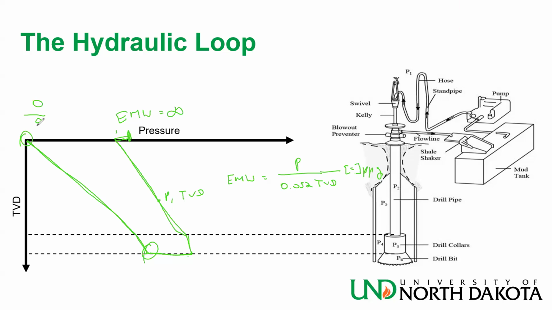So it should increase then decrease. Decrease and then increase? Increase then decrease. Increase first? Yes. The pressure is increasing, the depth is increasing. Well, the pressure is increasing. Yeah, and the depth is also increasing.